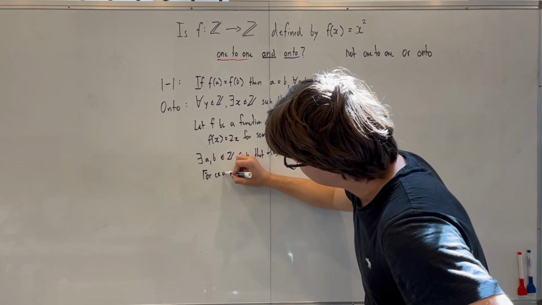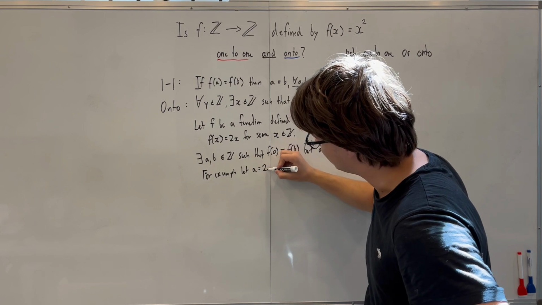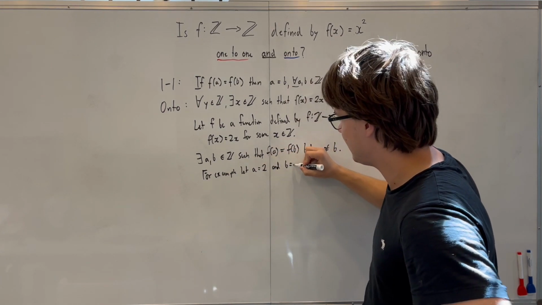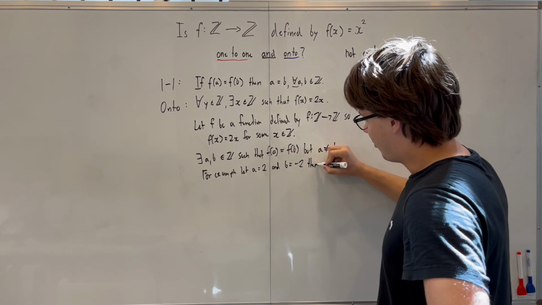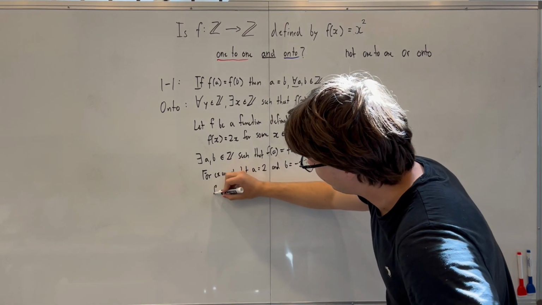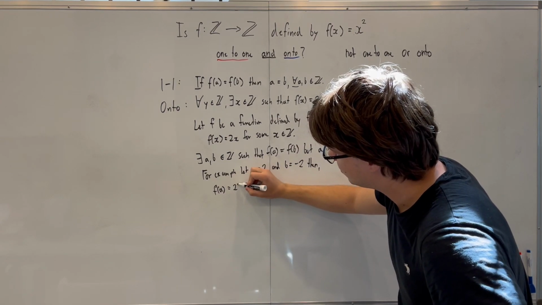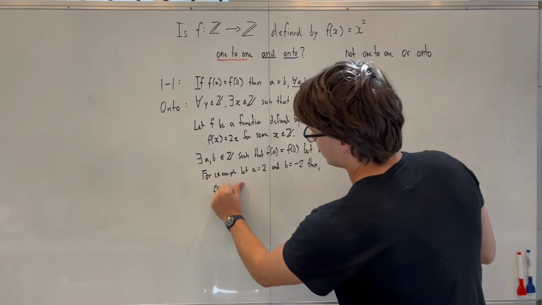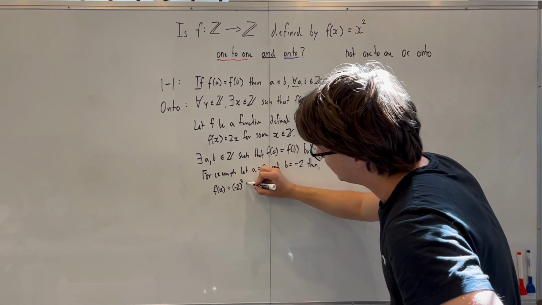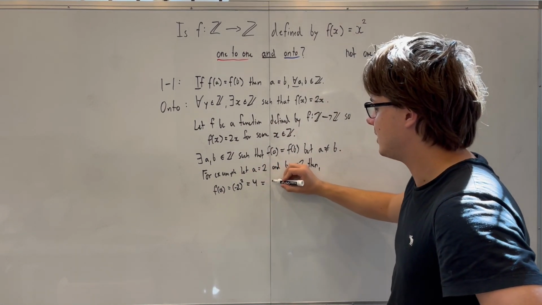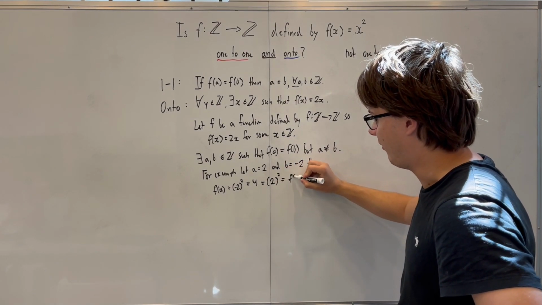For example, let a equal to 2 and b equal to -2. What do we get? We say then f of a is going to equal, oh sorry, not 2 times, it's going to equal -2 squared, which is equal to 4, which is going to equal 2 squared, which is going to equal f of b.